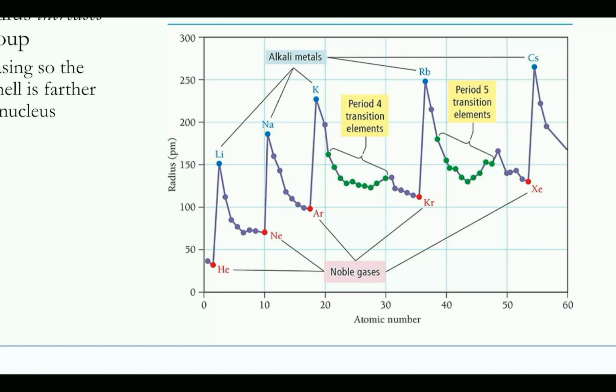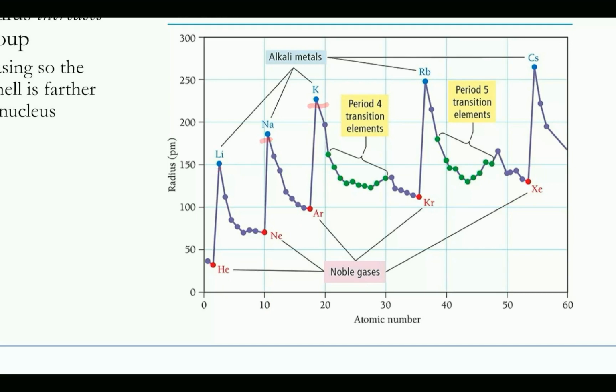So if we want to compare a family or a column of elements, like helium, neon, argon, krypton, and xenon, those are all the noble gases. And so we say, looking at helium, neon, argon, krypton, and xenon, the size down that group increases. Or if we looked at the alkali metals, which are much larger, sodium is larger than lithium.